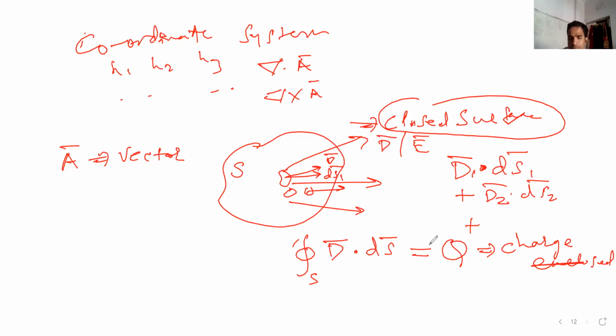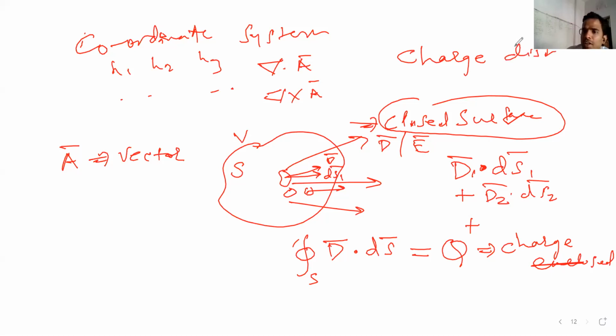is the charge enclosed. But if we want to represent it using divergence, let V be the volume of this closed enclosed surface. We all deal with charge distributions, so charges are distributed.